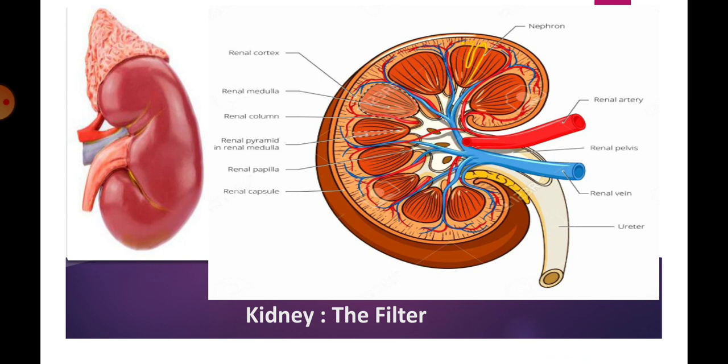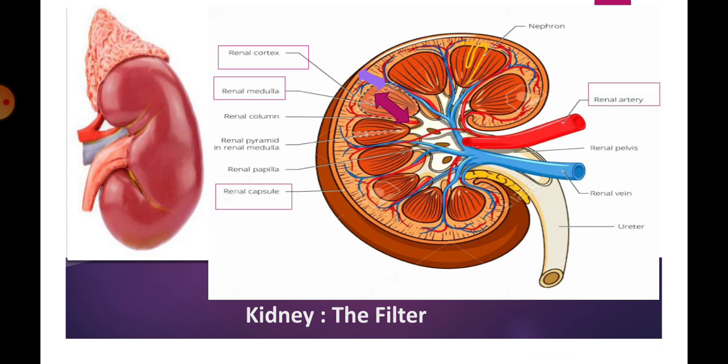The membrane that covers the inner parts is called the renal capsule, and adjacent to the renal capsule, this portion that I have marked in purple color is called the renal cortex, and after that this portion is called the renal medulla. Medulla is from the word middle, so this part is in the middle of the kidney, that's why it is called renal medulla.